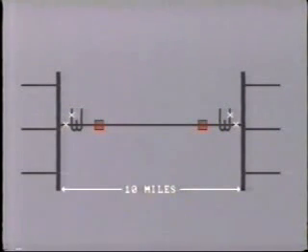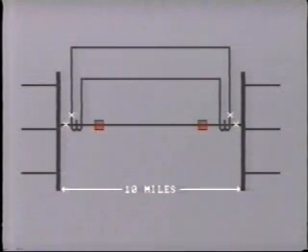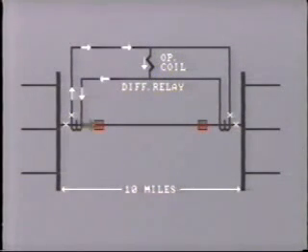For short lines, we could consider differential protection with the CTs at each end of the line interconnected by pilot wires. We can well imagine the differential relay connected like this at the center of the line. Employing the well-known differential principle, this would compare the current entering the line with the current leaving.